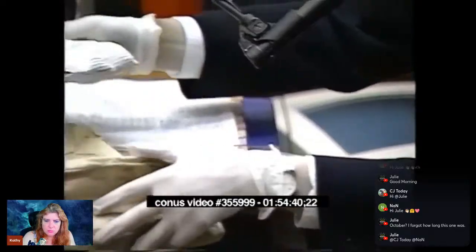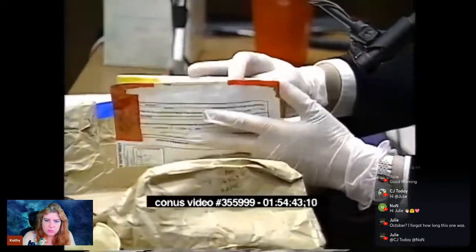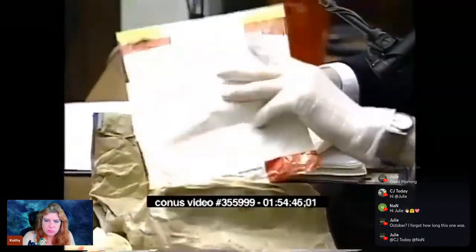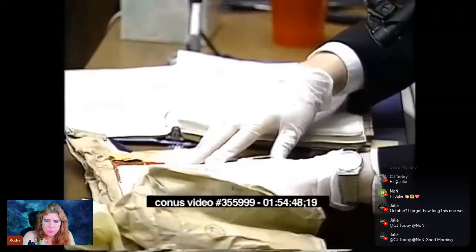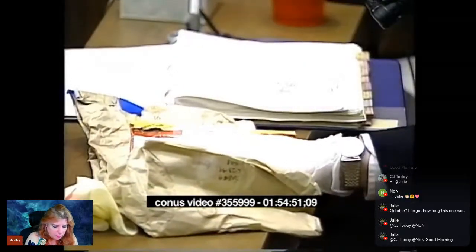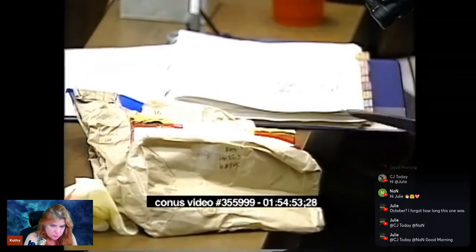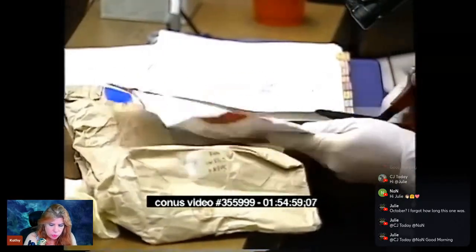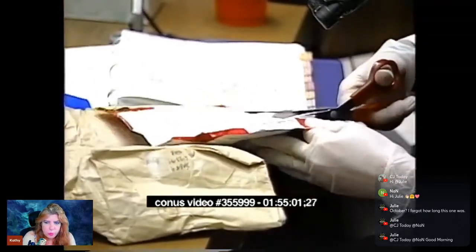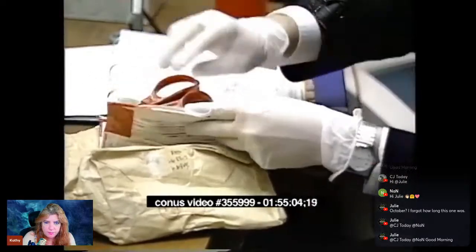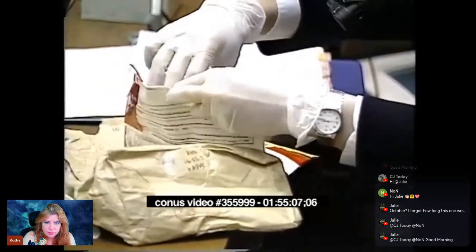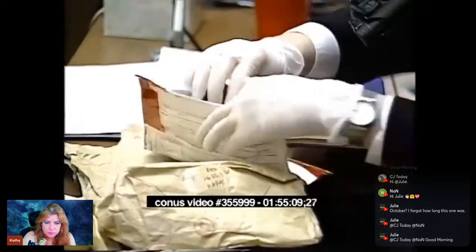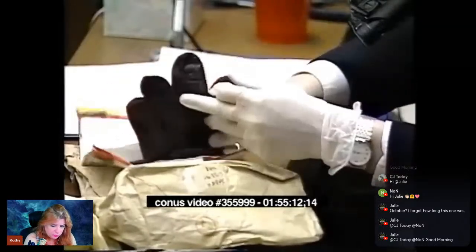Within the bag is an envelope. Continue. Yes. Scissors or knife? Scissors. Thank you. I'm cutting along the bottom edge of the bag. And within the bag is a glove.